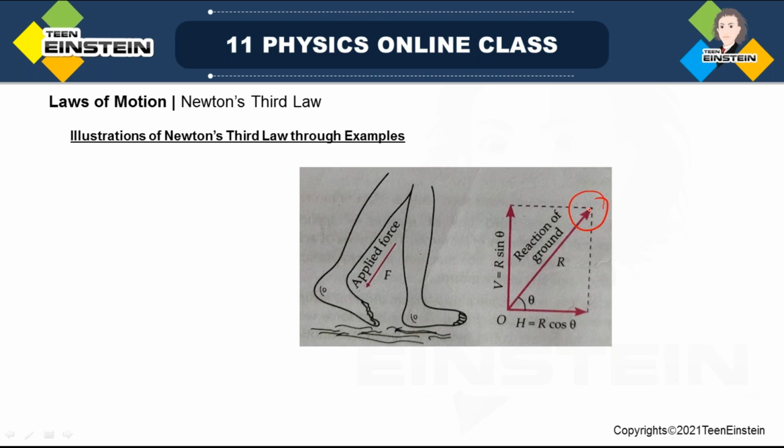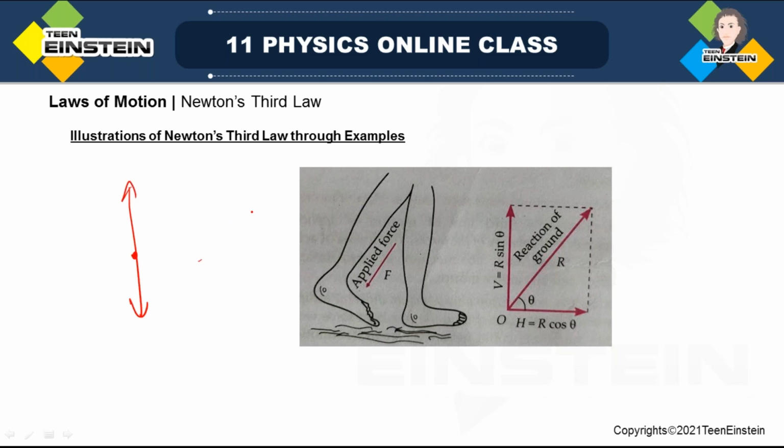As we apply a force obliquely to the ground, the ground will apply an equal and opposite force, which is the reaction of the ground, and it acts along the same line. That's why the reaction force will also be oblique. If your action is in this way, the reaction will be in this way.